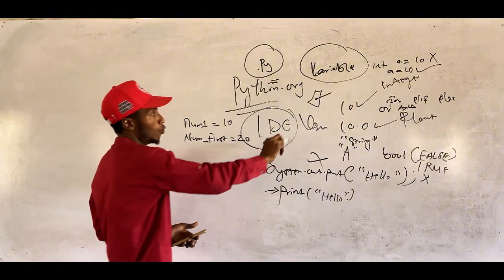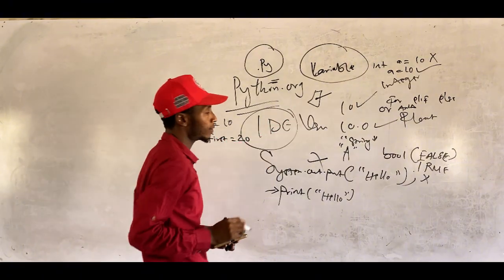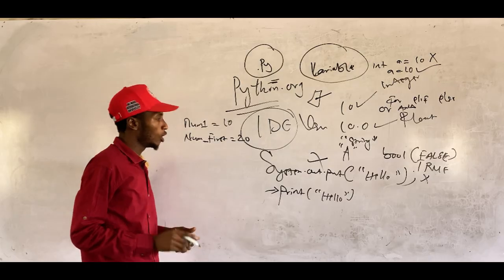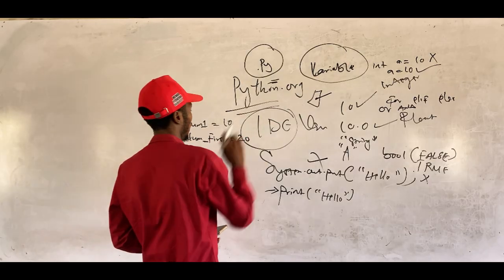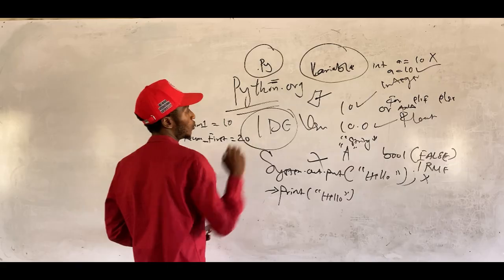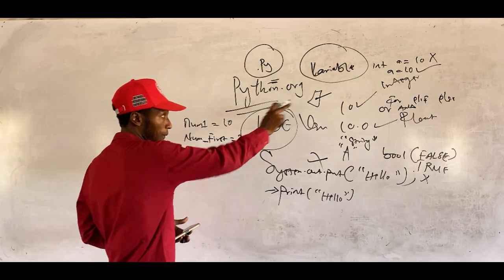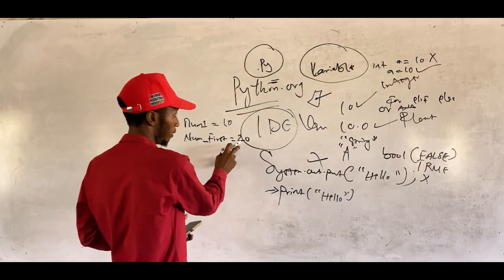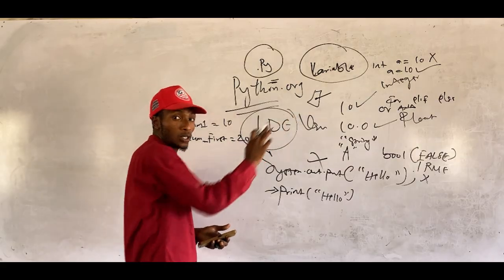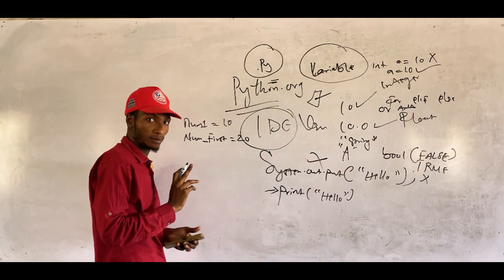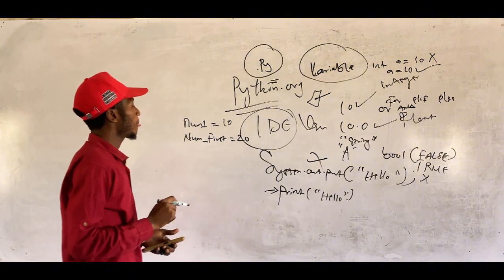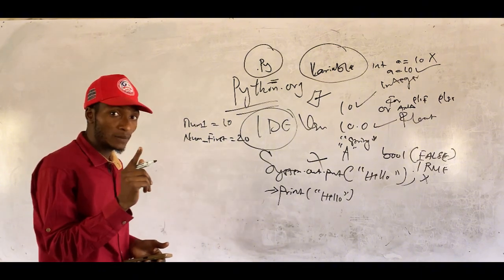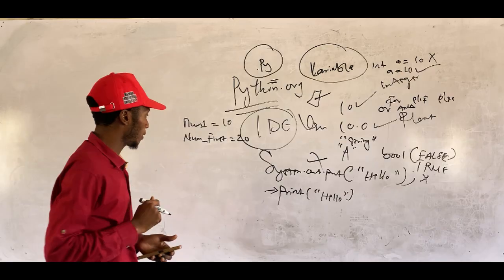Remember, I said that once you declare a variable, a space will be allocated for you. So now this space will be allocated for 20. So 20 will be stored in this particular space. Good. And there is case sensitivity while declaring a variable.